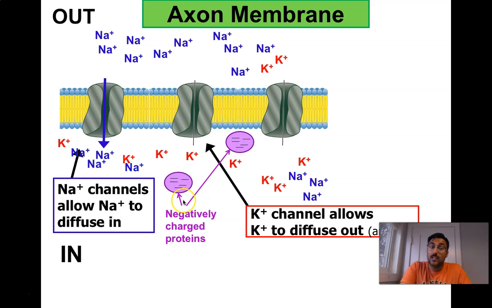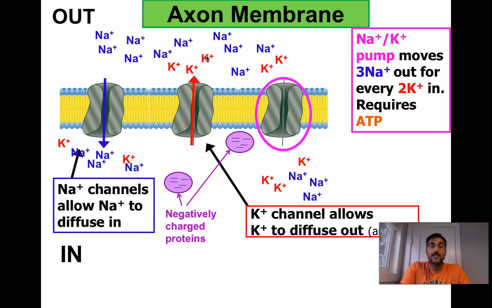In addition, to help make the inside more positive than the outside, not only did the sodium rush in, but the potassium rushes out. So sodium is going to make the inside more positive, and then the potassium is going to leave to make the inside more positive.